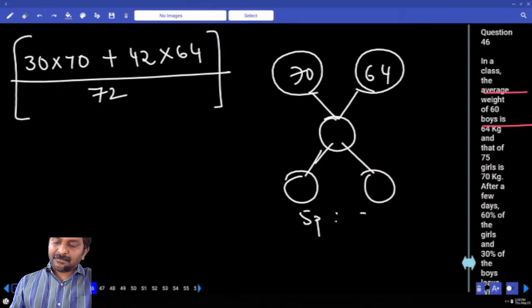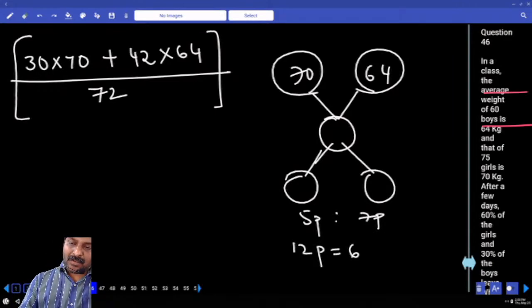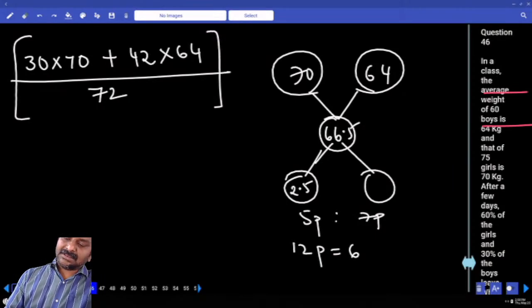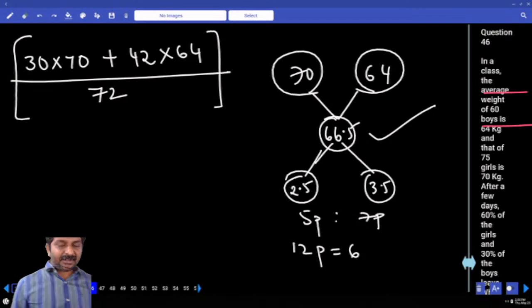Five is to 7. 12 parts is equal to 6. 5 parts is equal to 2.5. This is 66.5. 7 parts is 3.5. Satisfied? 66.5, final answer.